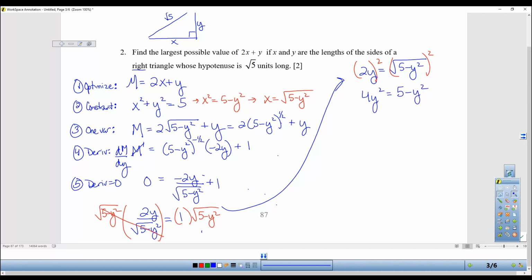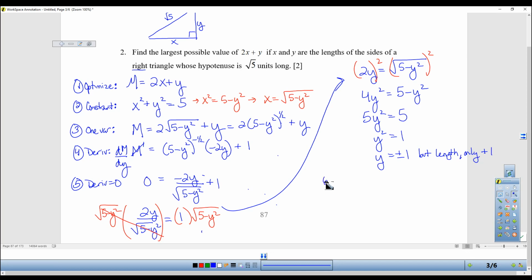Normally, I would set it equal to 0 and factor because I see a y squared. But because there's no y term, I can just isolate the y squared and then take the square root of both sides. But it's a length, so it's only going to be positive 1 as your answer.